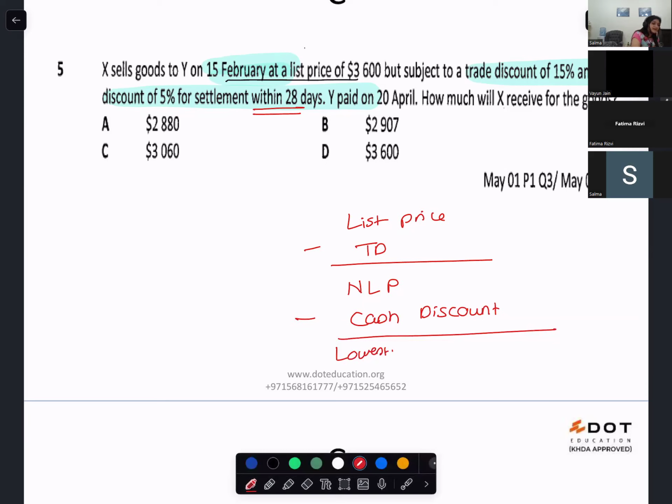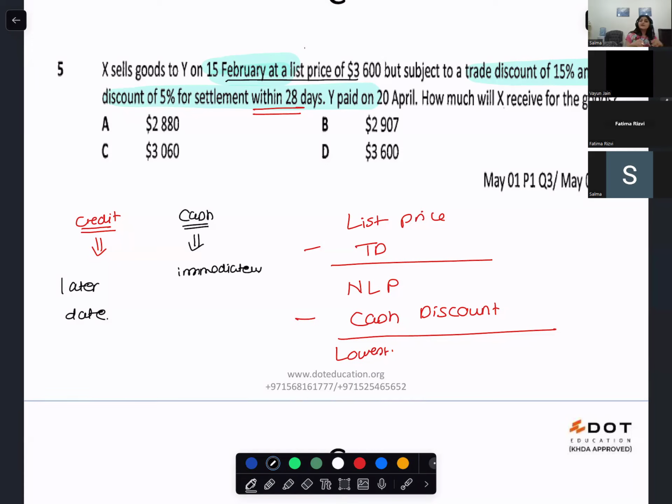That means there are two ways of doing a transaction. First way is a credit transaction. What is a credit transaction? When the amount of money is paid on a later date. And the second one is a cash transaction, where the amount is paid immediately. The transfer of money happens immediately.